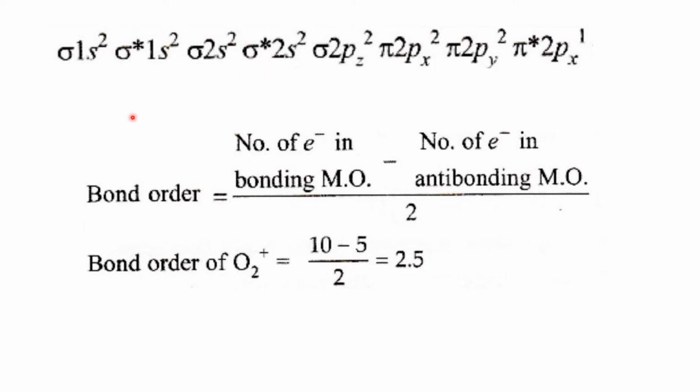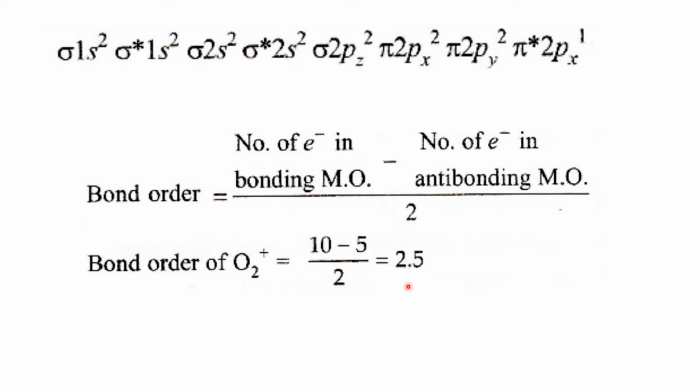Calculating the bond order for O2 plus molecule. We have 10 electrons in the bonding molecular orbitals and 5 electrons in the anti-bonding molecular orbitals. See, this is 2 plus 2 plus 1, only 5 electrons in the anti-bonding molecular orbitals. So 10 minus 5 divided by 2 is equal to 2.5.